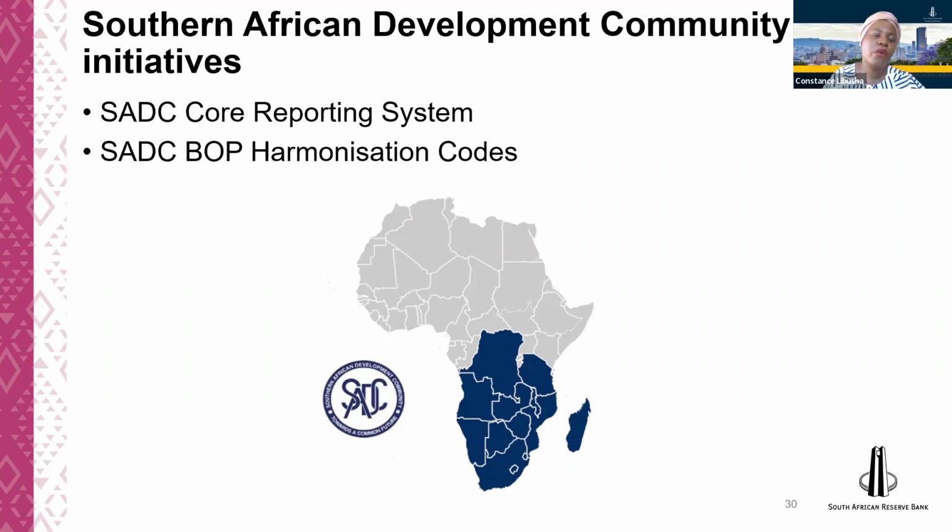So we have the core reporting system, and currently we are running a project with Eswatini. We are going to implement somewhere at the end of the year. We have already run a project with Lesotho, which we completed last year. We have run one with Namibia. They're all in the system already. We've moved out of the CMA and into the SADC, and we've done the reporting system with Malawi as well.